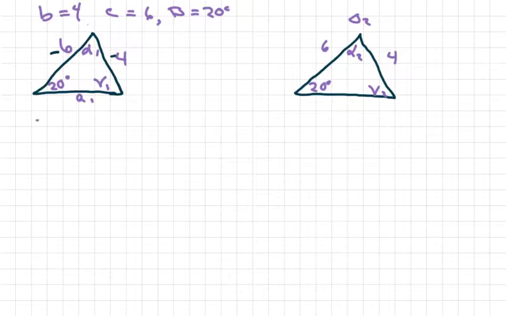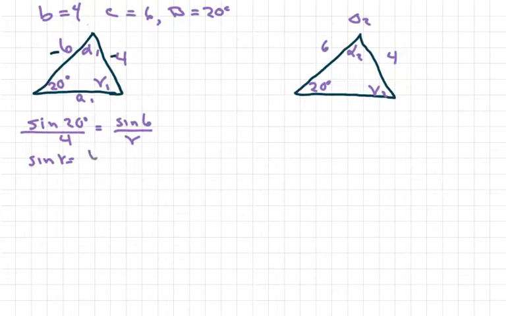So we have sine of 20 over 4 equals sine of gamma over 6, and you cross multiply and you get sine of gamma equals 6 sine of 20 degrees over 4, which is approximately 0.5130.